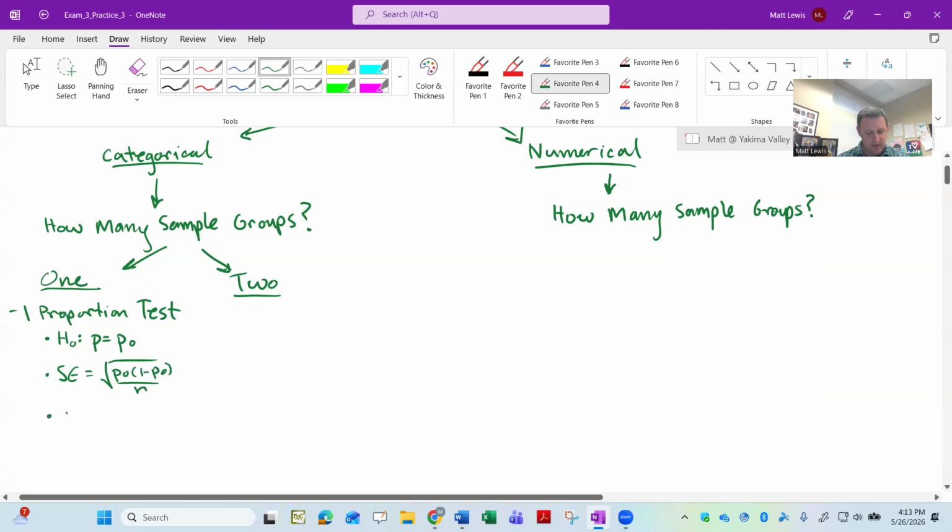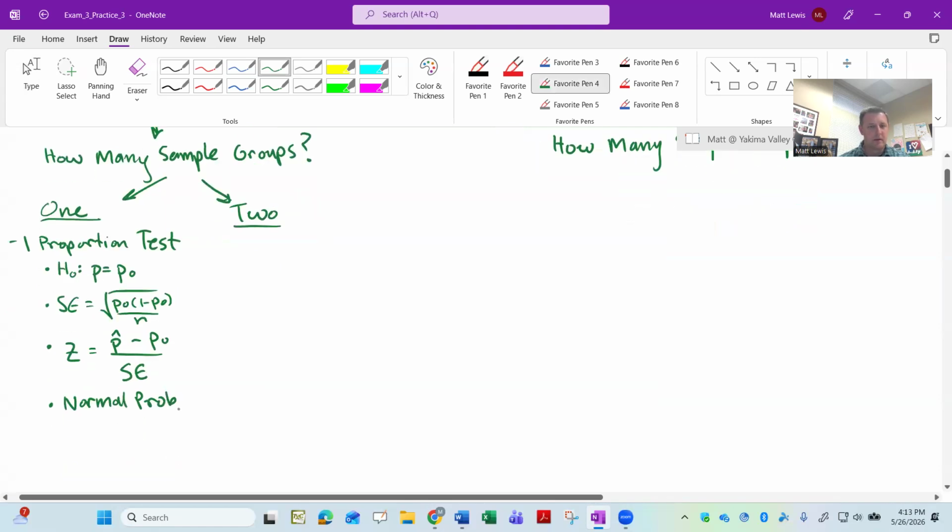You'll then plug your standard error into this formula. Remember, p with a little hat is your sample proportion, minus your null value, divided by your standard error. And then finally, use the normal probability calculator to find the p-value.